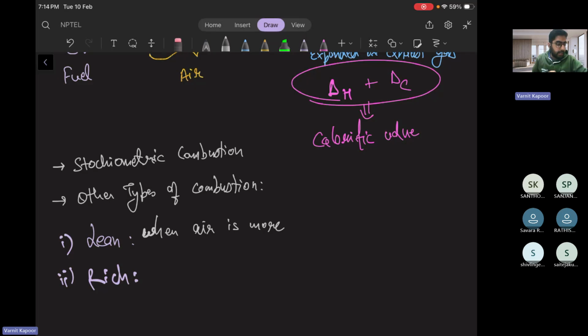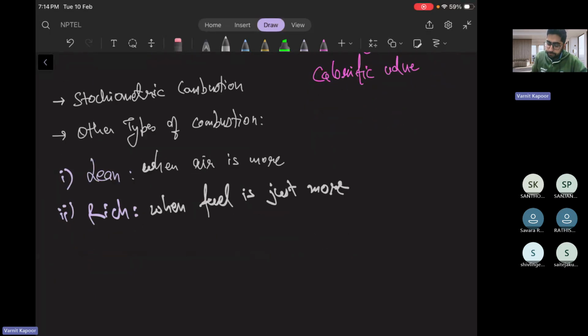Rich combustion is when the fuel is just slightly more compared to the air. And third is super rich, when fuel is very high compared to the air.